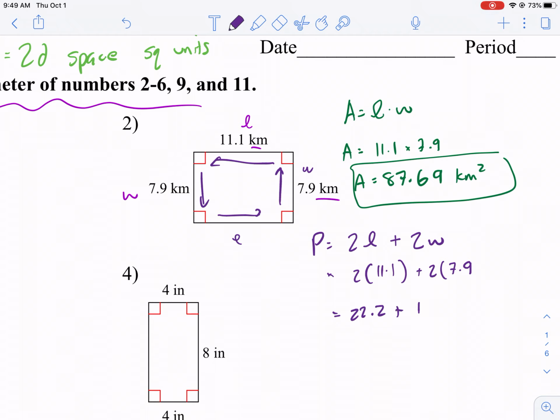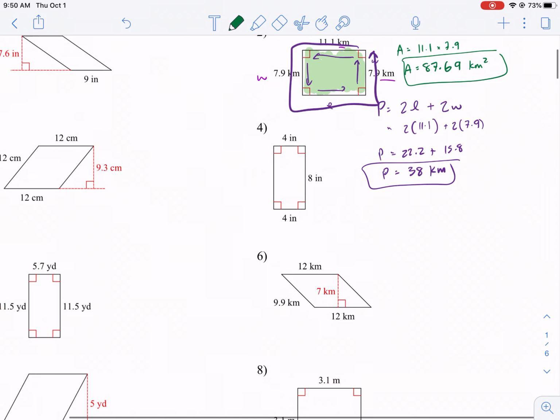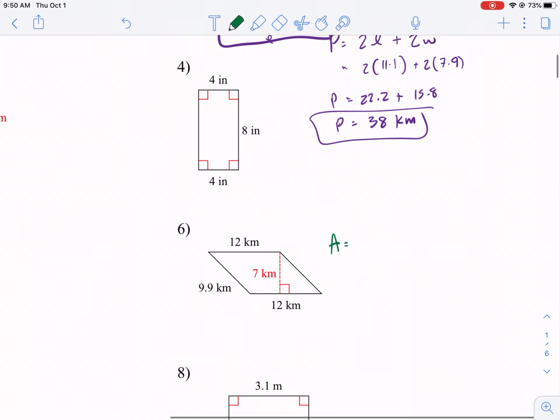Okay, let's jump ahead. 4 is another rectangle. Let's go to, I suppose, number 6. This one is a parallelogram. With a parallelogram, it's almost the same formula as a rectangle. We're going to have the base times the height. Still multiplying 2 distances, but now we need to identify which those are. So here we have the base and the height. They are always perpendicular.